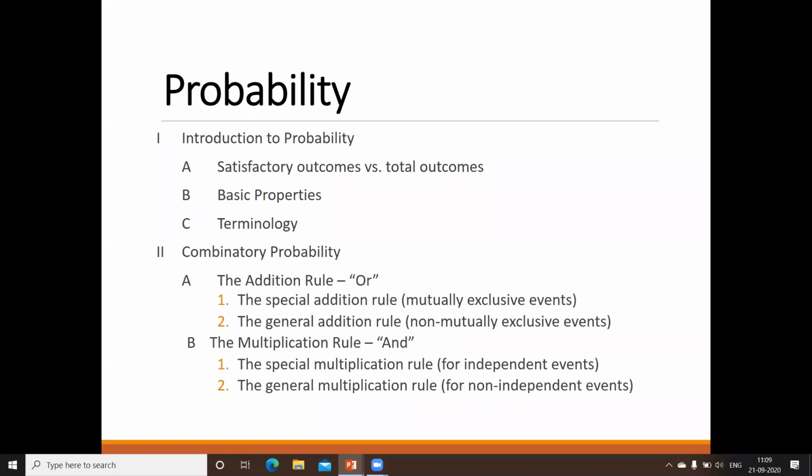Then we'll see what are the satisfactory outcomes versus what is the total outcomes. Okay, some basic properties of probability and some terminologies. Secondly, we'll also see some rules, the addition rule and the multiplication rule. While covering the addition rule, we'll see the mutually exclusive events and non-mutually exclusive events as well. Similarly, for the multiplication rule, we'll see the independent events and non-independent events.